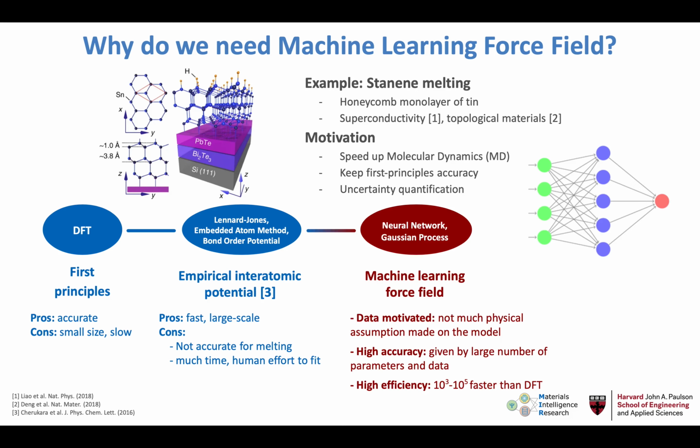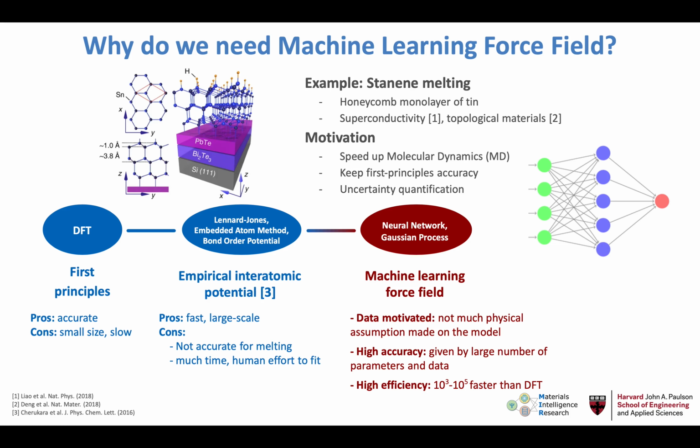So here I want to introduce the machine learning force field approach, for example, the neural network and Gaussian process. They are data-driven, so you don't really need to make a lot of physical assumptions in the model. Also, they have high accuracy given a large number of parameters and data.